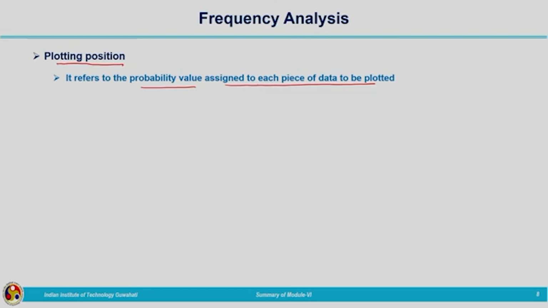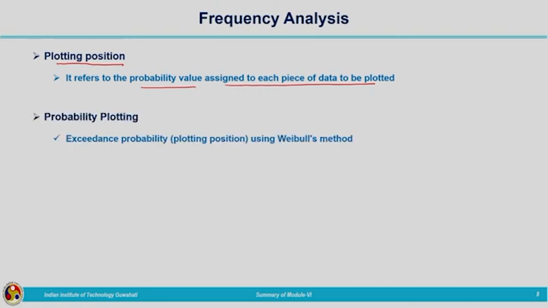So, the plotting position represents the probability assigned to each data point. After that, we did the probability plotting, that is, exceedance probability calculated by using the Weibull method. We discussed different probability plotting methods, but the example we carried out was related to the Weibull method.